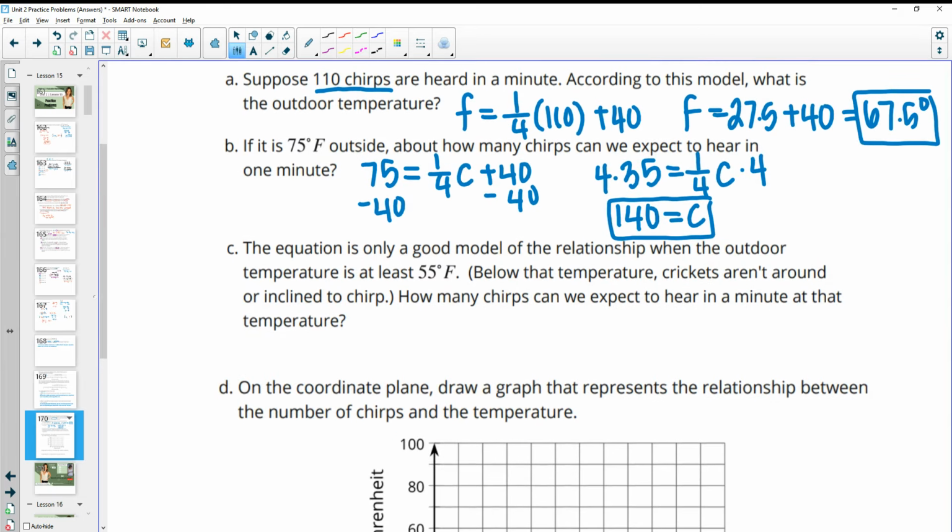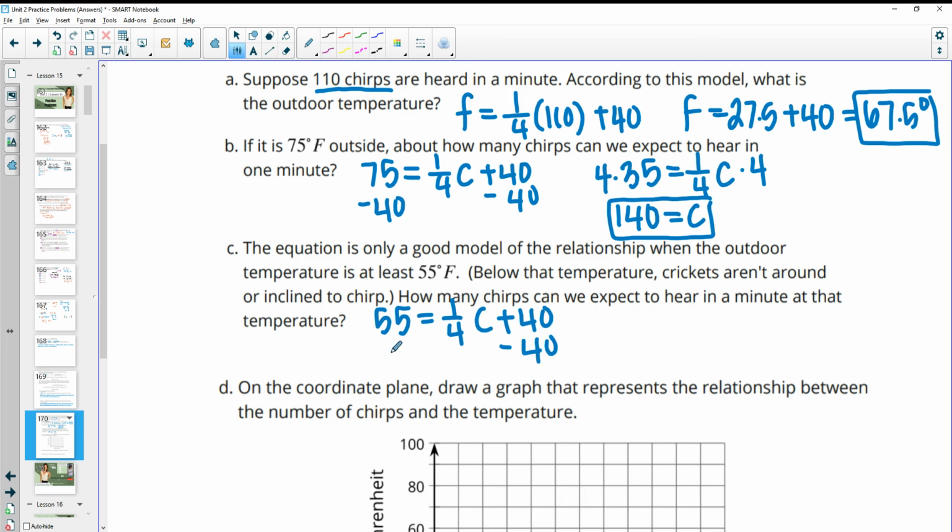Part C tells us that this equation is only a good model when the outdoor temperature is at least 55 degrees. Below that temperature, the crickets aren't really around and they're not inclined to chirp. So how many chirps can we expect to hear a minute at that temperature? So again, we're doing 55 equals 1/4 of C plus 40.